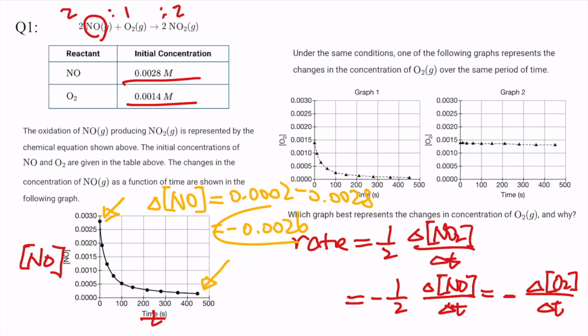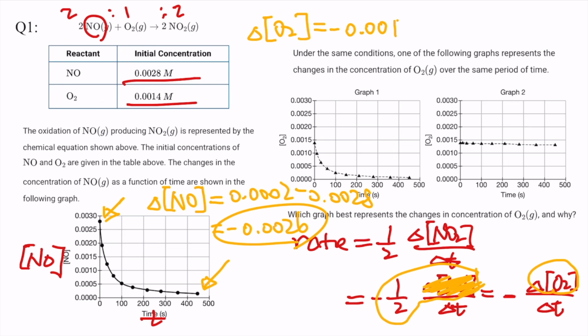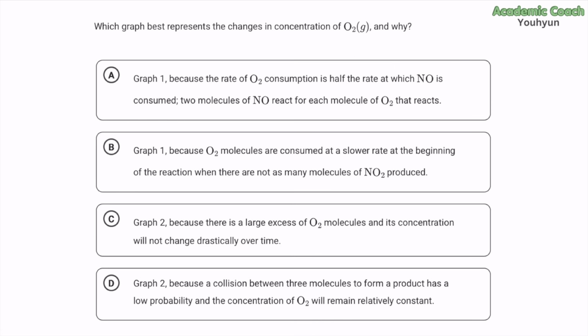So if I plug in this value right here, 1/2 multiplied by that would be equal to the change in the concentration of O2. That means the change in the concentration of O2 within the same period of time should be 1/2 of it, which is negative 0.0013. And that is represented by graph 1. For graph 1, it starts around 0.0014 and then it decreases to 0.0001. So it will be graph 1 for sure.